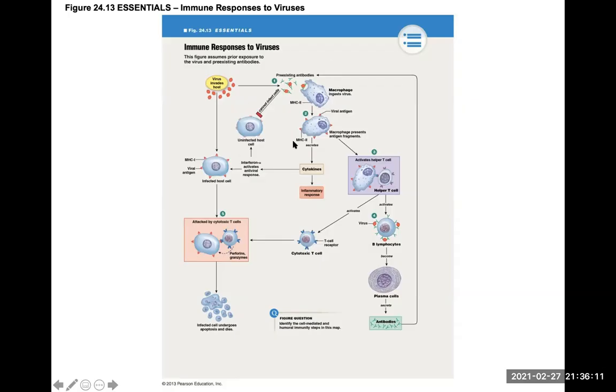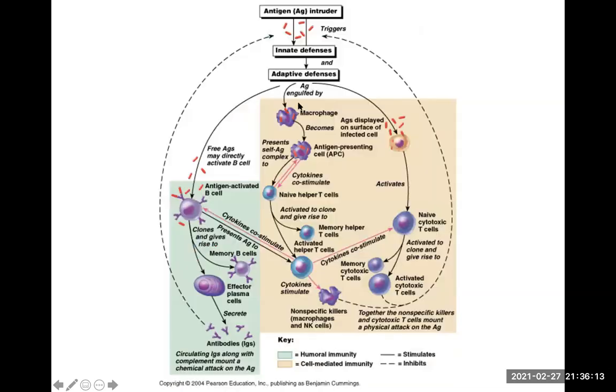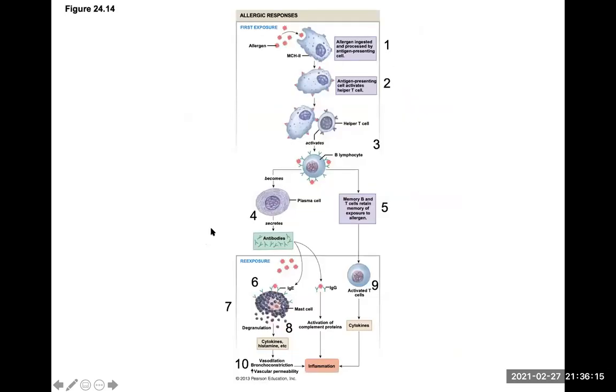Step number one, when the virus invades the host, a pre-existing antibody coats the viral particles, which is opsonization, to make them better targets for the APC, like macrophages.